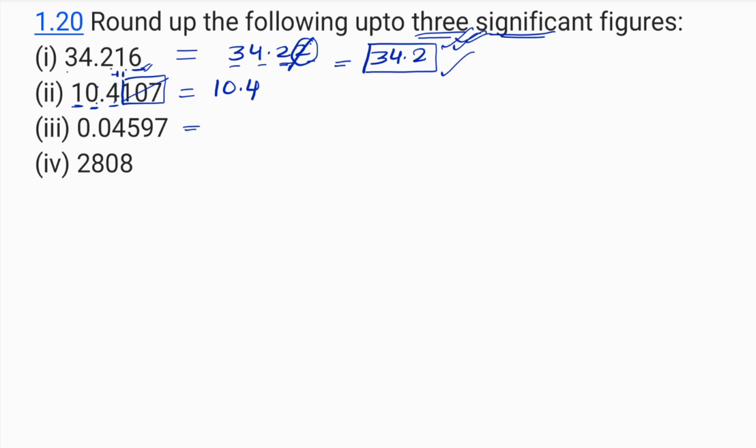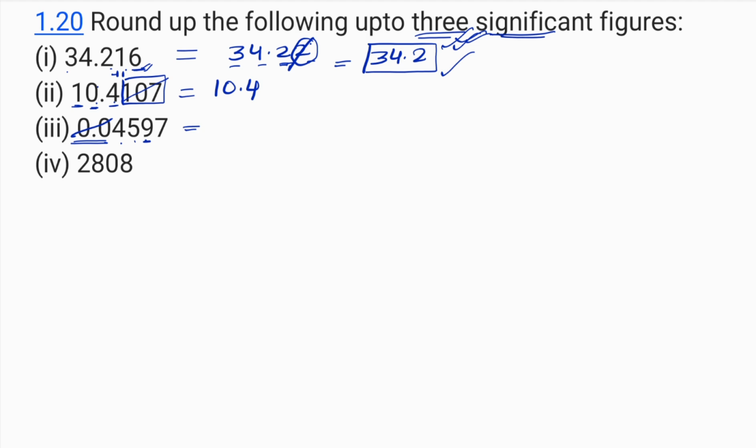Now let's go to the third one. Remember we have done that if there is a 0 to the left hand side of the non-zero digit, then that is non-significant, so we are not going to count it. Then we want 1, 2, 3, right? 3. But remember, we have to round it up also.